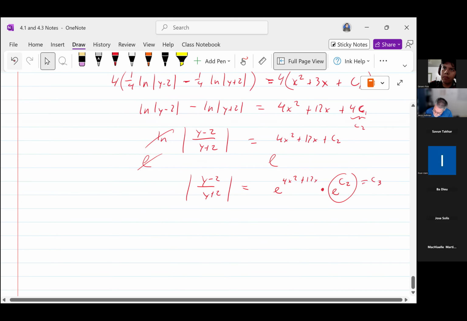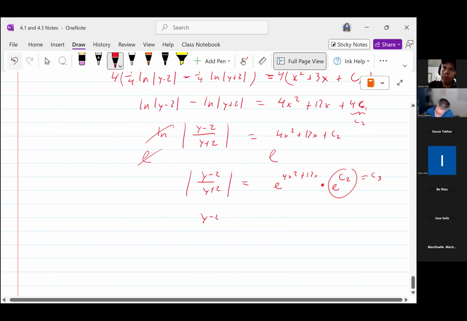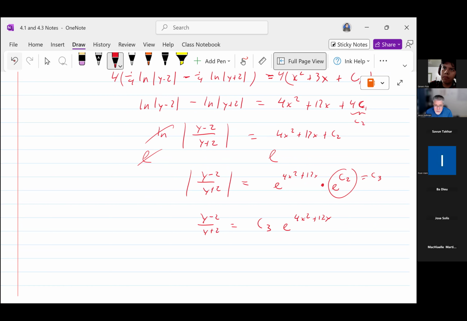I can plug him in front. So y minus 2 over y plus 2 is equal to C3 e to the 4x squared plus 12x. We can remove those absolute value bars because we have a base of e. I could have done that in the previous step as well. And so I'm just going to let C3 be a generic C.